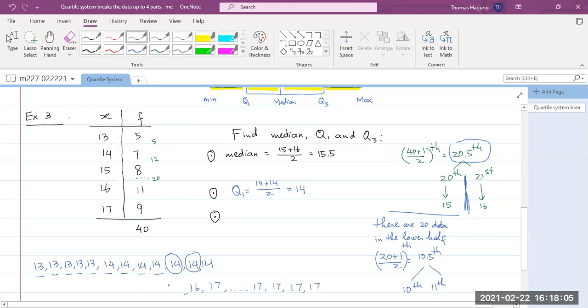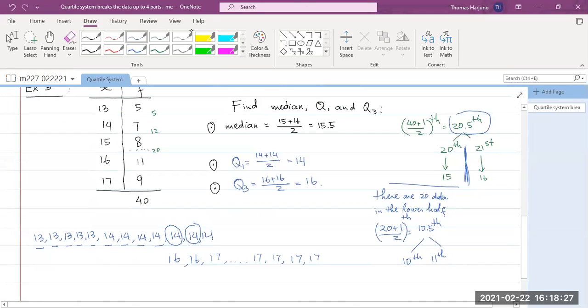The 11th from the top also 16. So Q3 will be 16 plus 16 over 2, that's 16. That's for the quartile system.